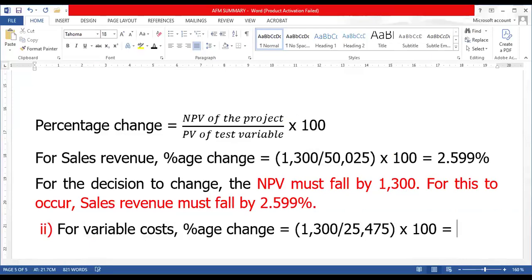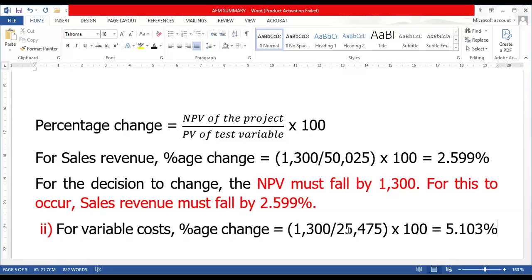What do you get? Put some speed, guys. Time is taking me. 5.103. Perfect.